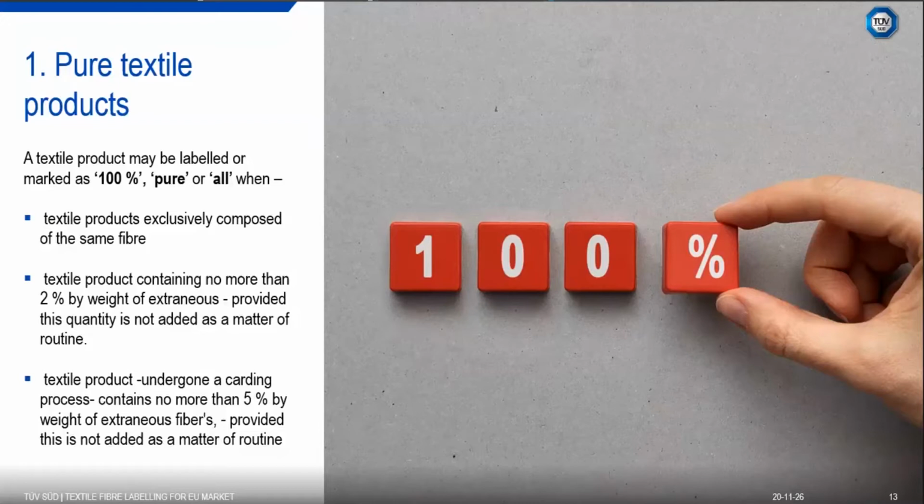Means, during the manufacturing process, if some fibers are mixed in the yarn, maybe along with cotton, polyester has been mixed, it cannot be 2% or more. It has to be less than 2%, so that can be excluded. So if the extraneous fiber present is, say, 1.5%, for example, you can still label it as 100%.